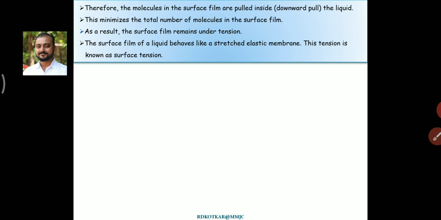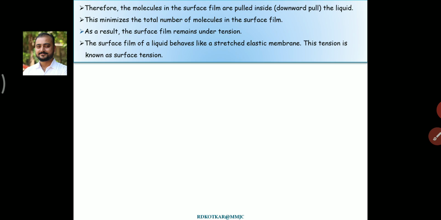As a result, the surface film remains under tension. Due to the motion of these molecules, the surface film is under tension, and the surface film of the liquid behaves like a stretched elastic membrane, and this tension is known as surface tension.